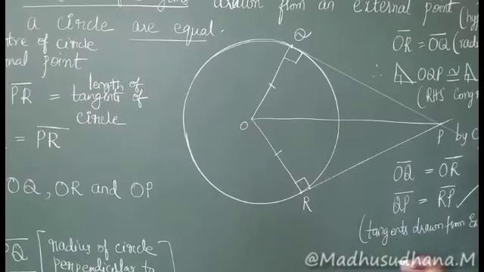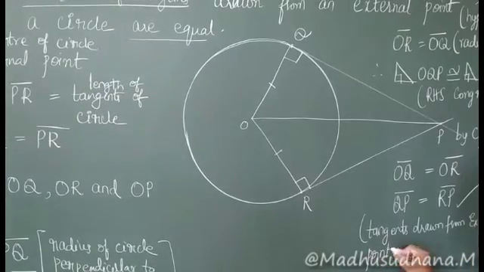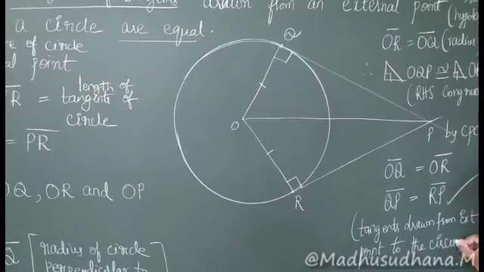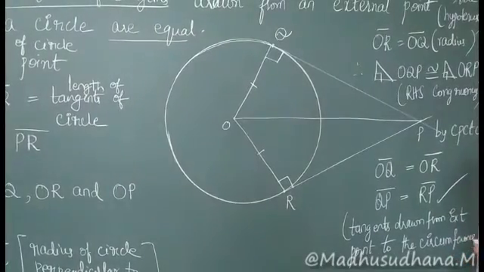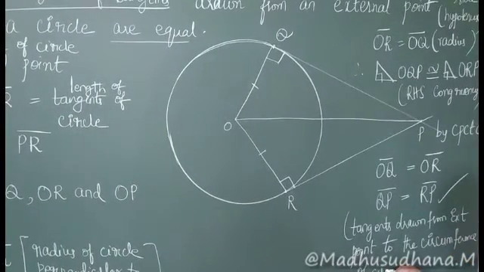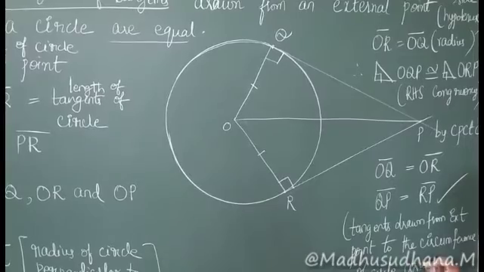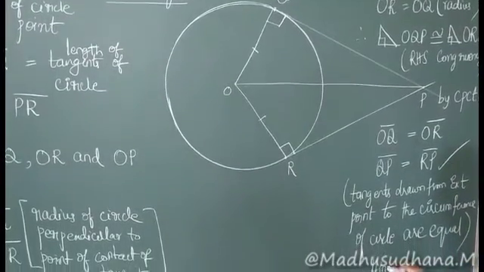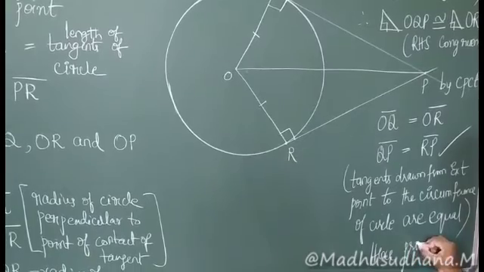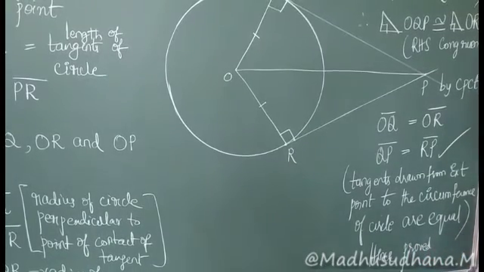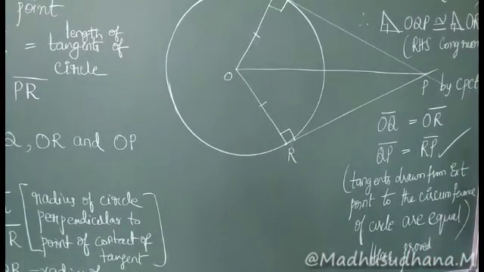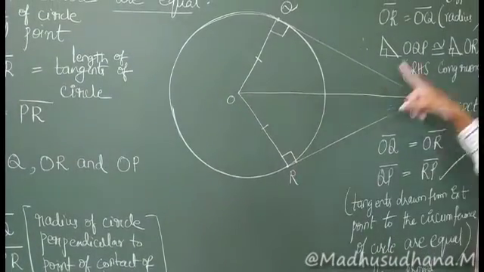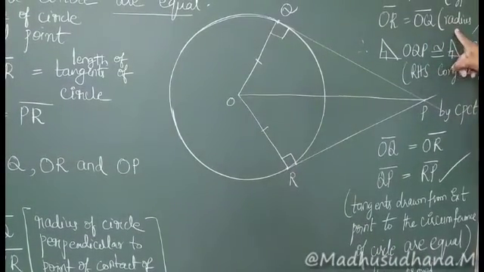Hence proved, the tangents drawn from an external point to the circumference of the circle are equal. Hence we have proved this theorem.